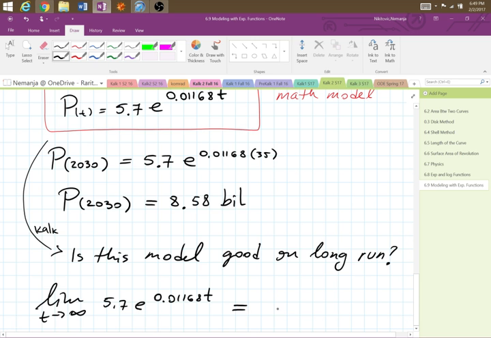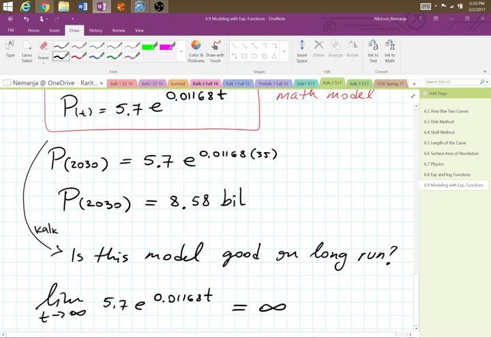But since k is positive, we know that the limit is going to end up being infinity. And we know that the limit gives us the y values, right? And in this case, y value is the population. So this says what? The population will be? Yep. Is that good?